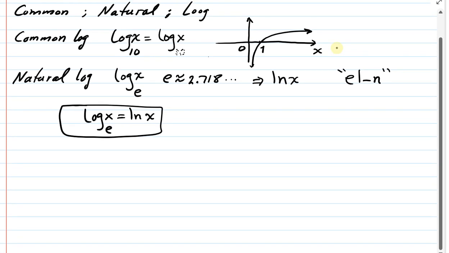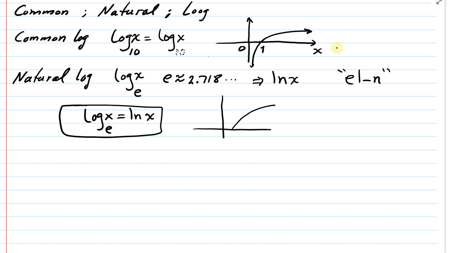What does the graph of natural log look like? Again, the base is 2.7, call it about 3. So it's going to be like a common log, except it's more like so. That's going to be the graph of natural log of x. Again, it has that general rise that all log base a, with a greater than 1, do.